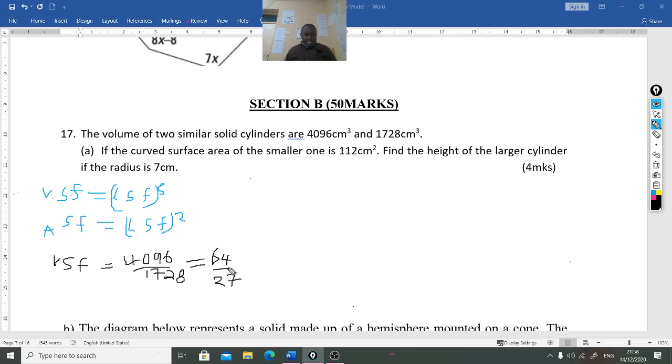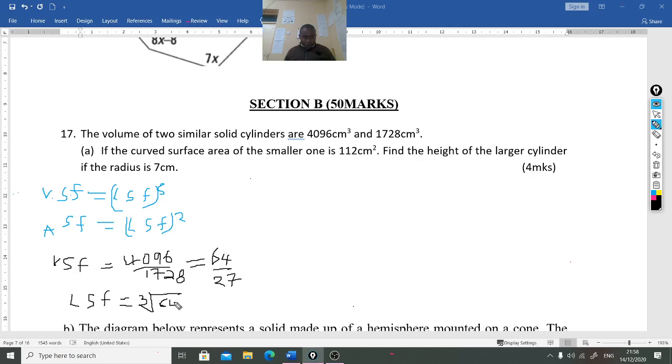If you have the volume scale factor, you can find the linear scale factor, because the volume scale factor equals linear scale factor cubed, meaning that the linear scale factor is the cube root of the volume scale factor. So we find the cube root of 64 over 27.